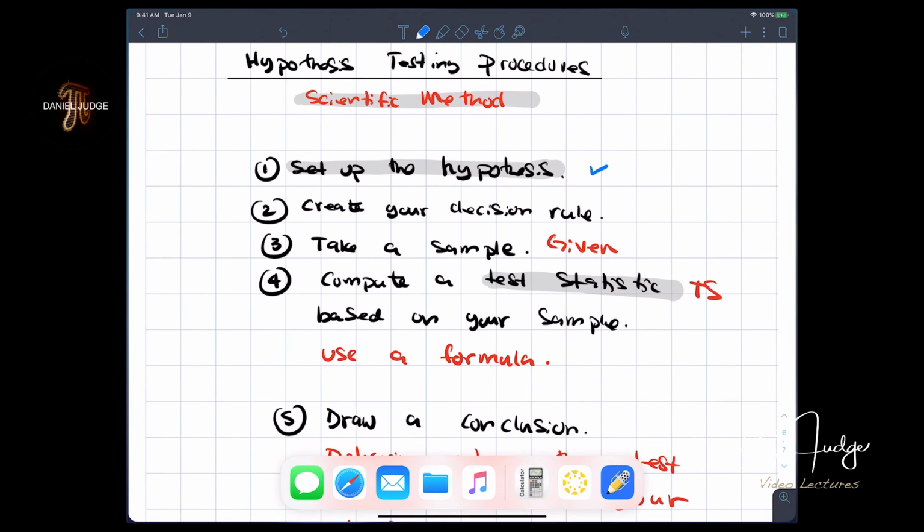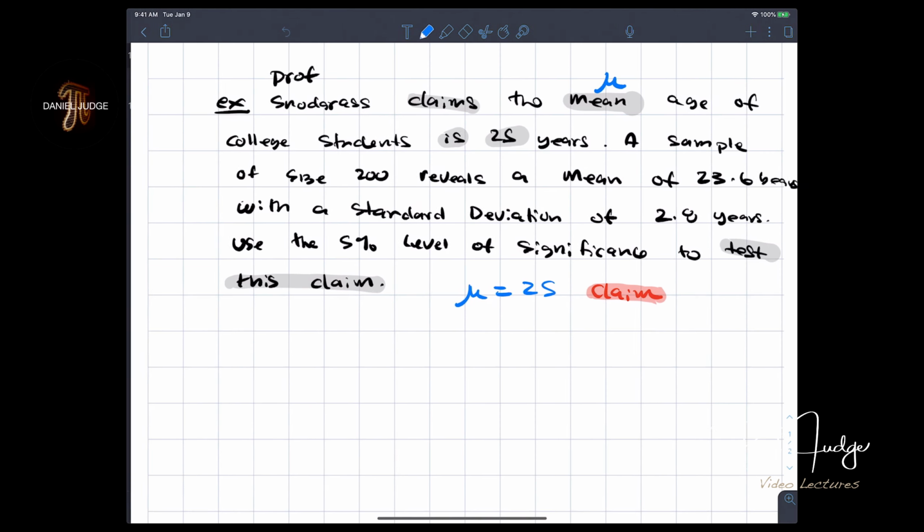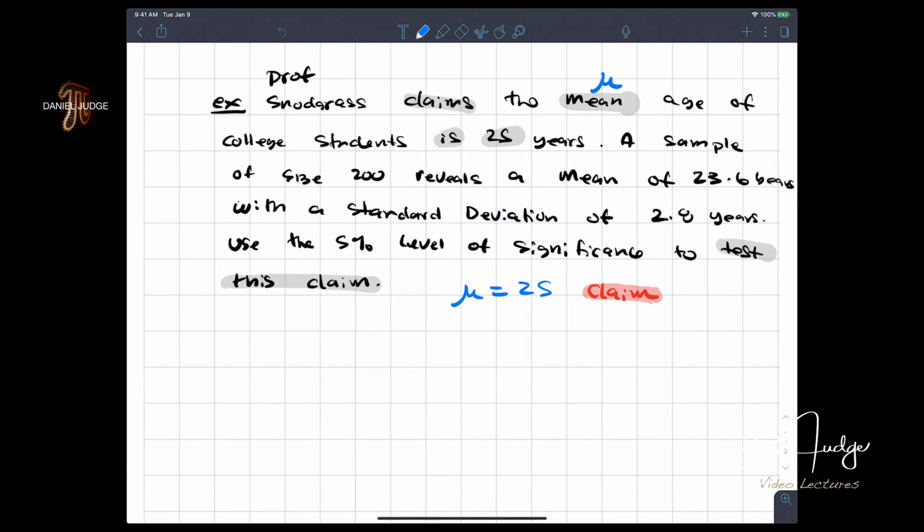So here's our setup. You have H naught, you have H1. Now, let's see if you remember from yesterday, where does that claim belong?